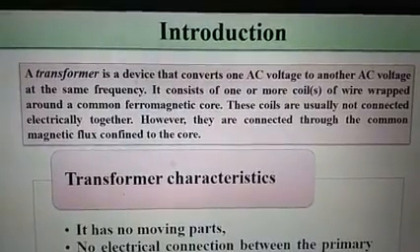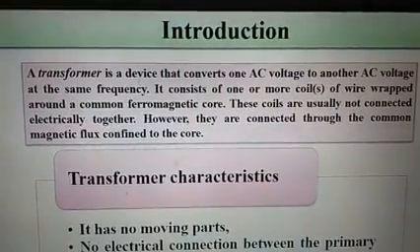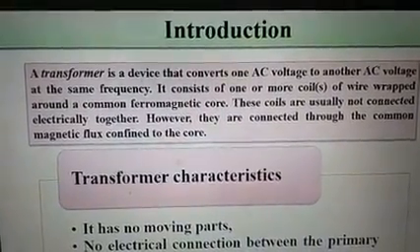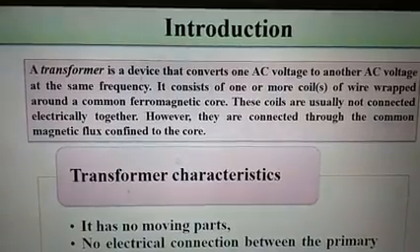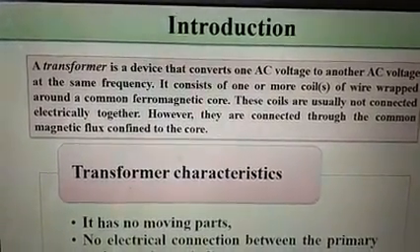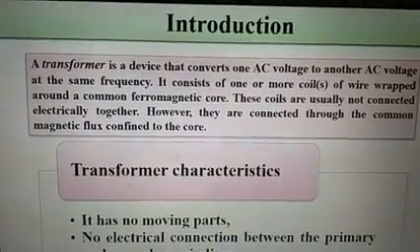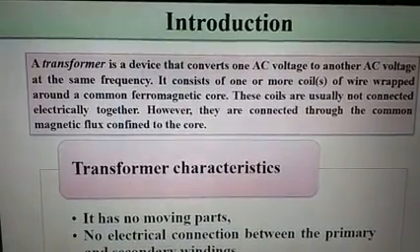Voltages may change, consequently current may change, but the multiplication of voltage and current, that is power, is constant ideally. Also, generally we use two coils in a single phase transformer.